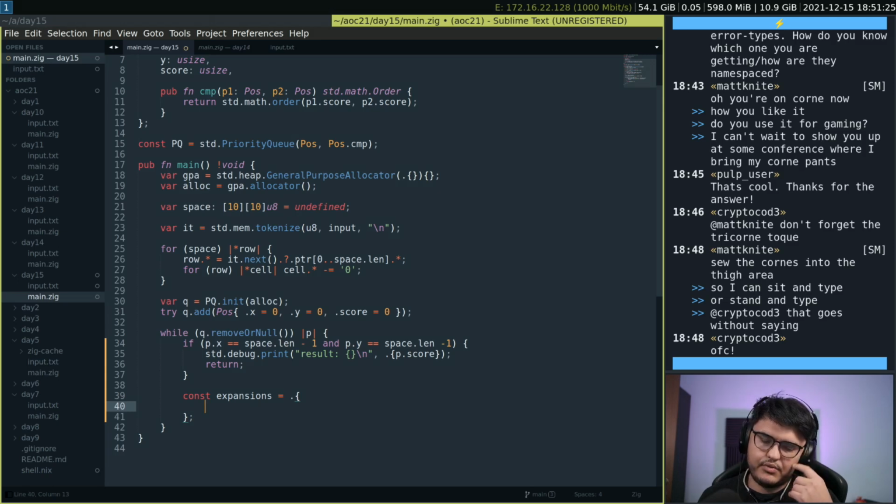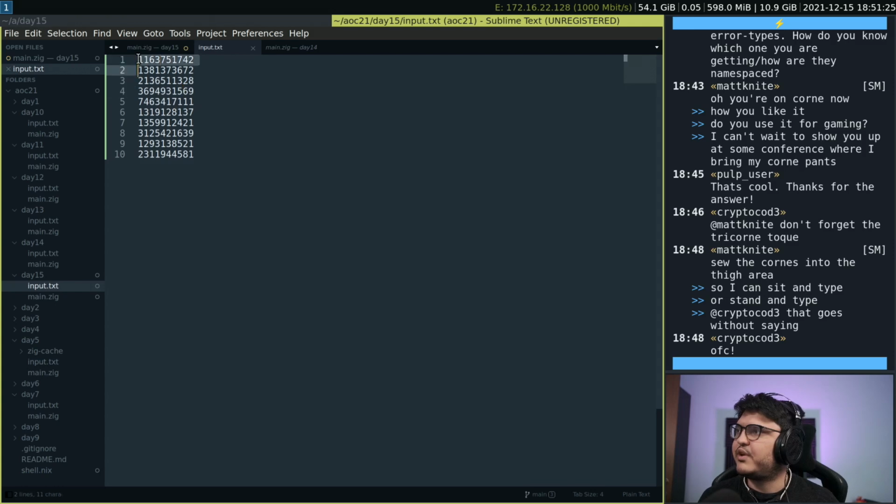So let me look at the input. So we are here. In our case, it's gonna be these three. But let's say that it's here. What do we put back in? I guess we should avoid putting in the point that we just added.